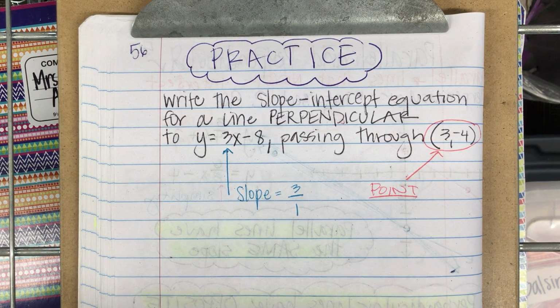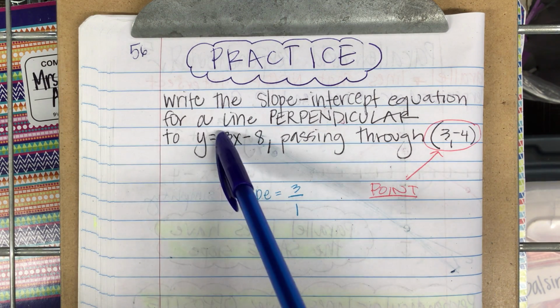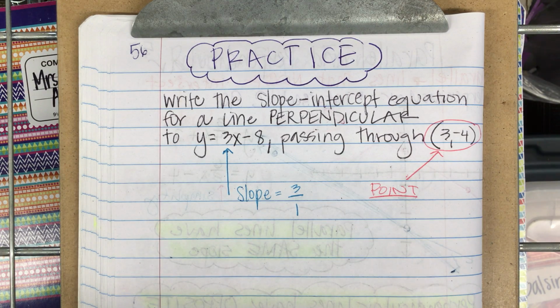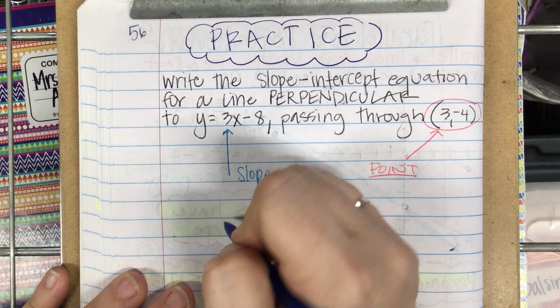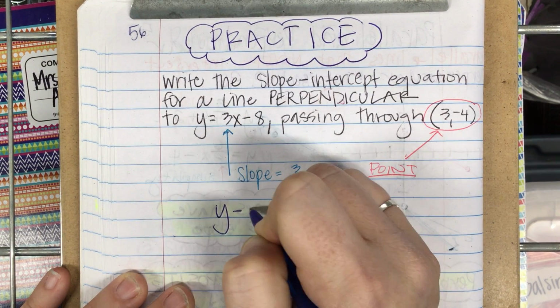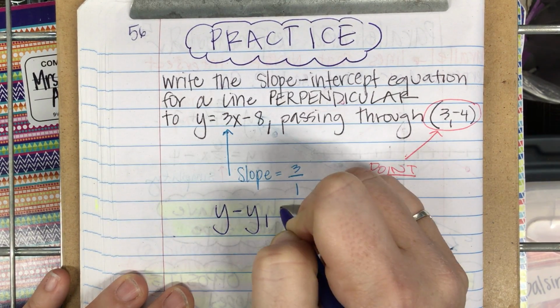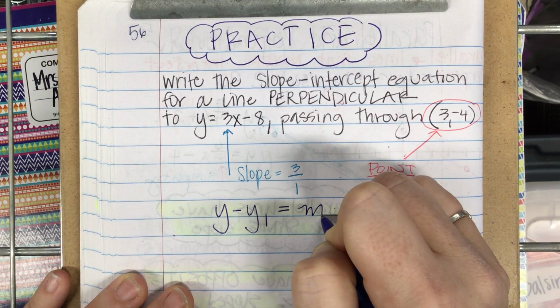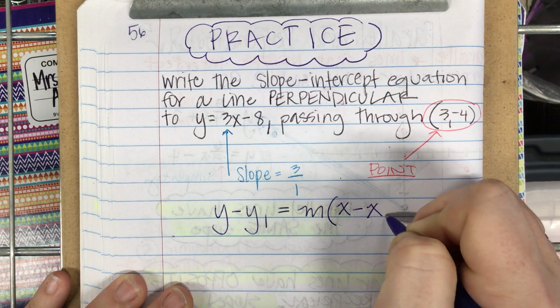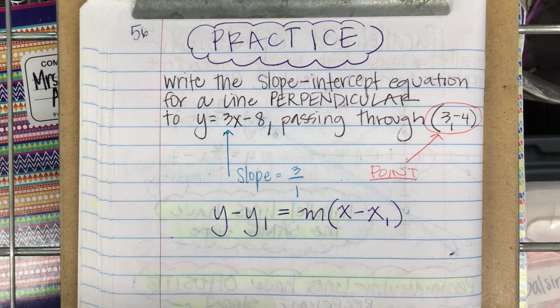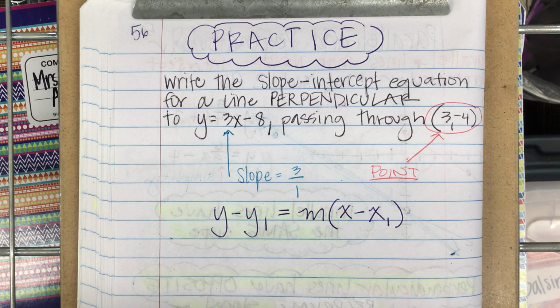So when you are given a point and a slope, you can use point slope form. Do you agree? y minus y1 equals m times (x minus x1). That's what we learned in our previous lesson.